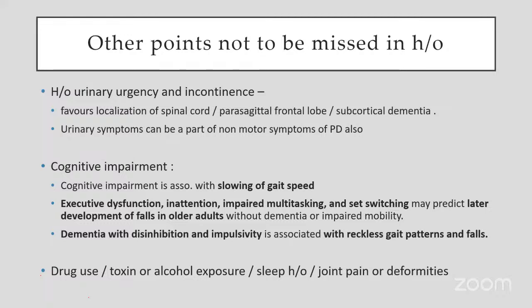First of all, they have downward gaze restriction, so they try to look upwards, and they have axial rigidity, so they tend to fall. The fall can be while getting up from bed also, they can fall backwards, or getting up from a chair also, they can fall backwards.